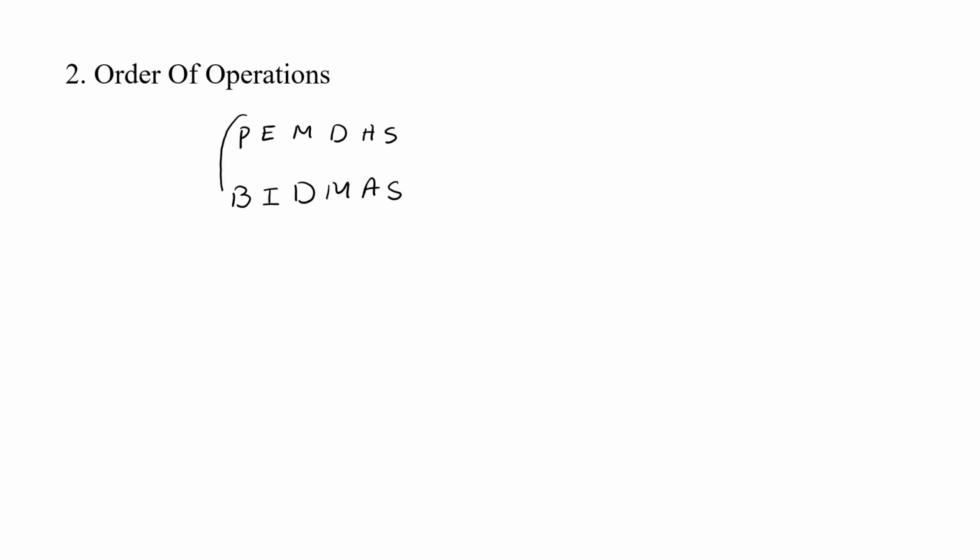So the first one means the parentheses or bracket. The second one is indices or exponent. The third one, you can check these two together. Multiplication and division. And the last two part is for addition and subtraction.